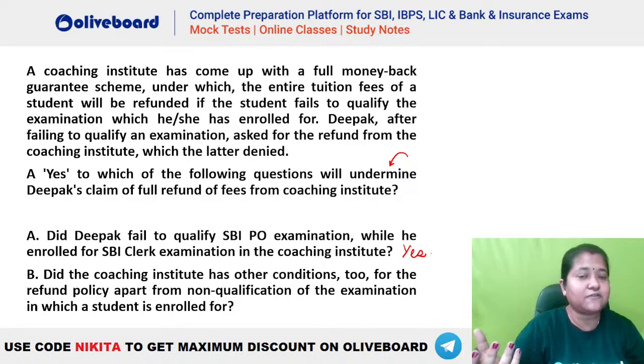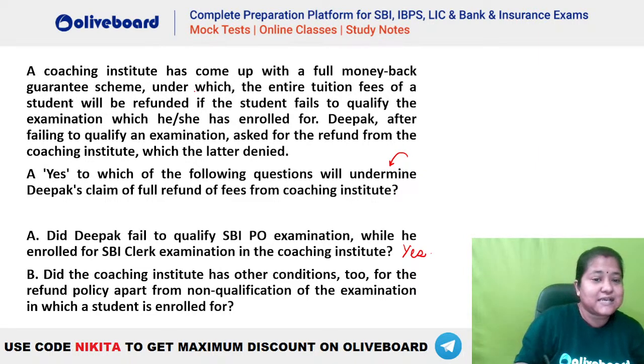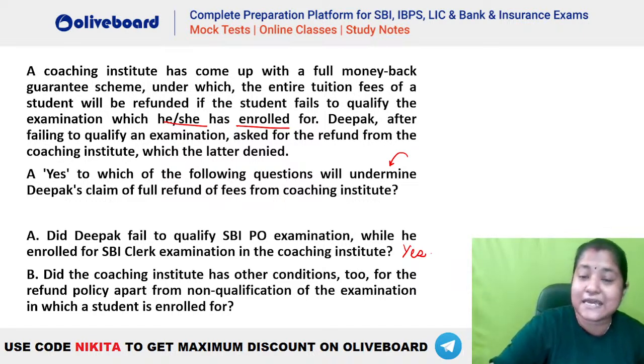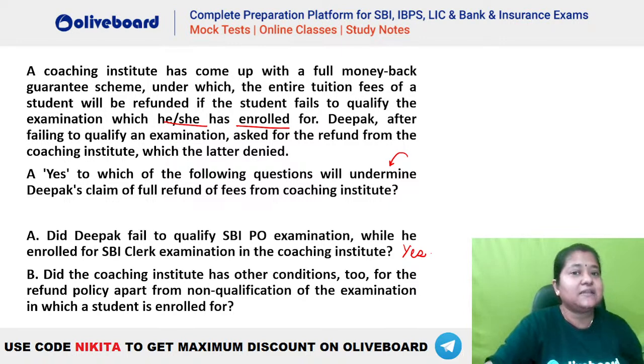I am claiming the refund because I was unable to qualify SBI PO. You can see that it says that he should have not qualified the one that he has enrolled for. These two courses are very different. Undermine means weakens, absolutely critical. So here, if he fails to qualify SBI PO, that does not mean that he should be getting a refund for SBI clerk.